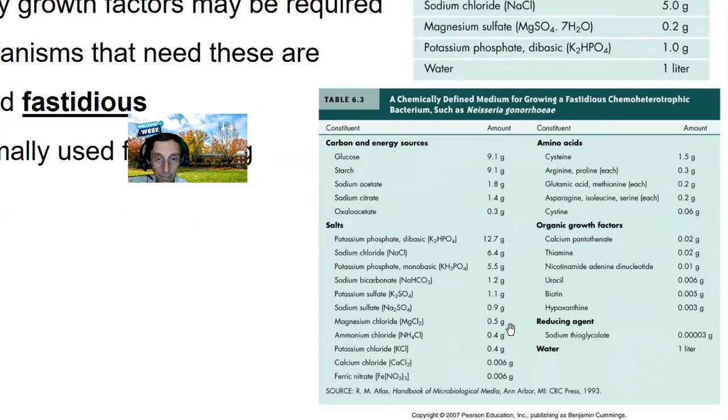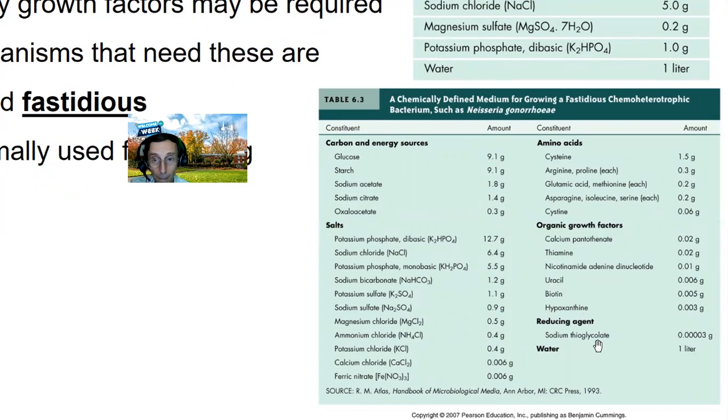All the different things we're adding. There's phosphate, sodium chloride, another phosphate, bicarbonate, I don't know why that is added, potassium sulfate, so potassium and sulfur, etc. And then the organic growth factors: calcium pantothenate, thiamine, nicotinamide adenine dinucleotide, uracil, biotin. These are vitamins.